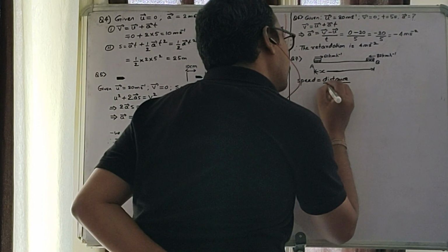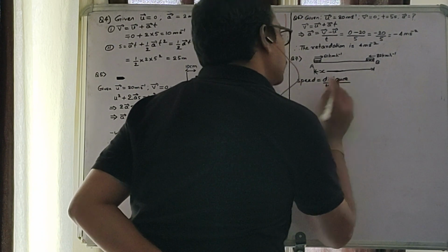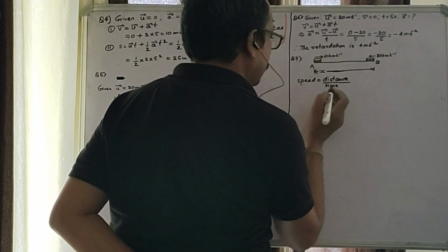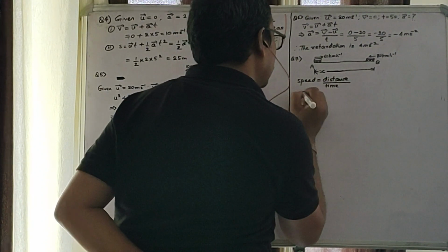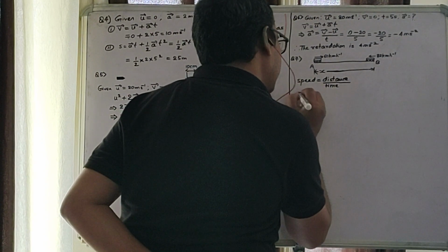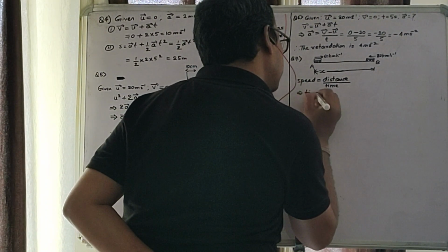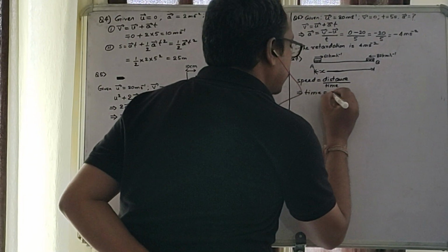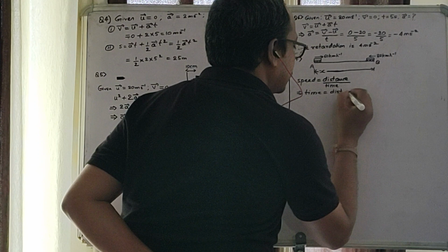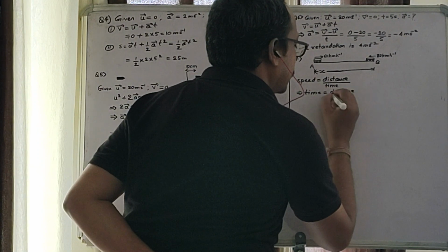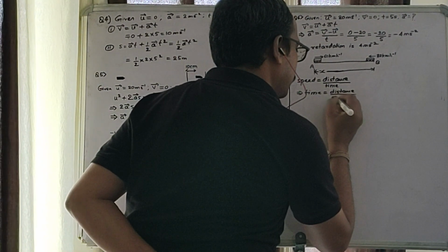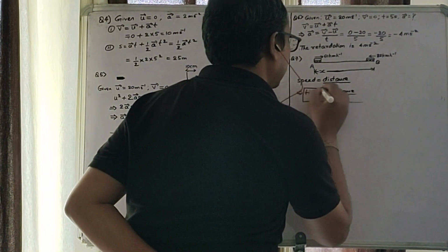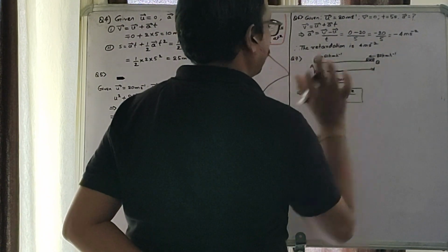Since we have fixed the distance between A and B as x, if you cross multiply, time is equal to distance divided by speed. So we will be using this particular formula in calculating the time taken for the upward journey.